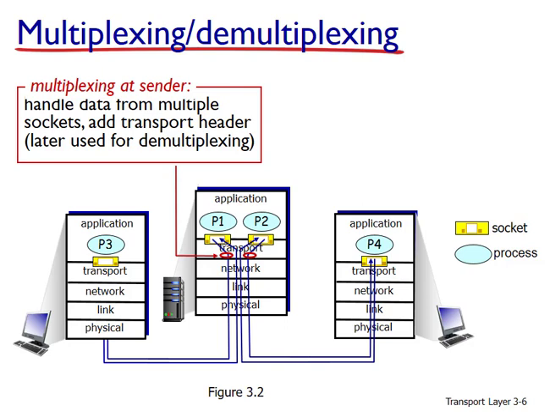Now let's consider how a receiving host directs an incoming transport layer segment to the appropriate socket. Each transport layer segment has a set of fields in the header of the segment for this purpose. At the receiving end, the transport layer examines these fields to identify the receiving socket and then directs the segment to that socket.